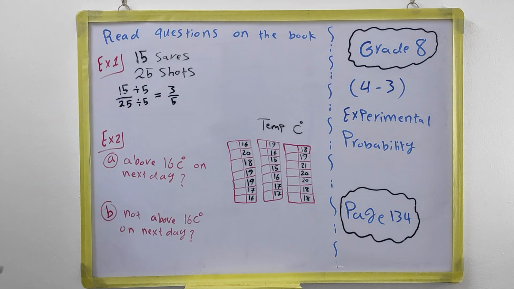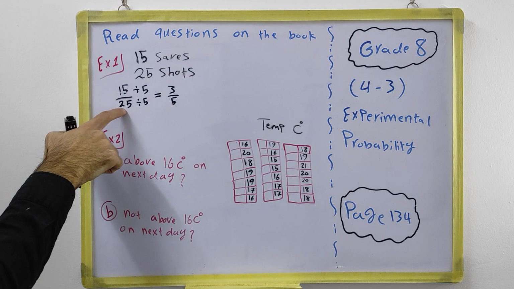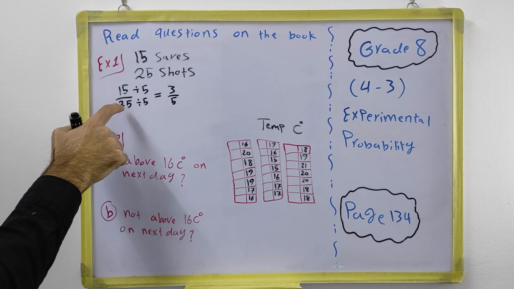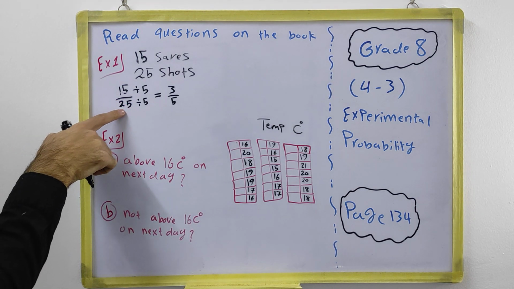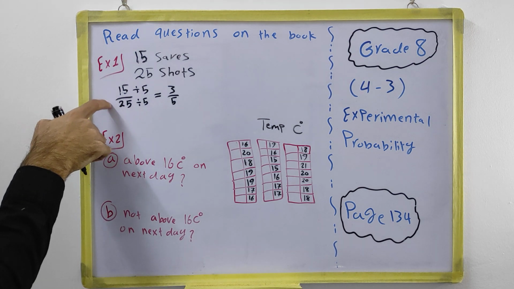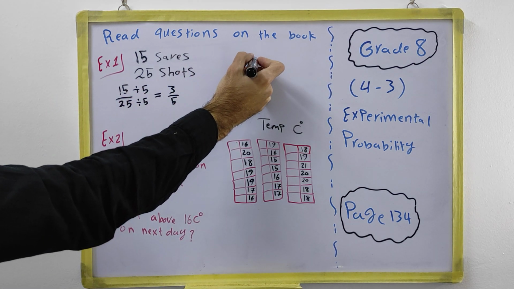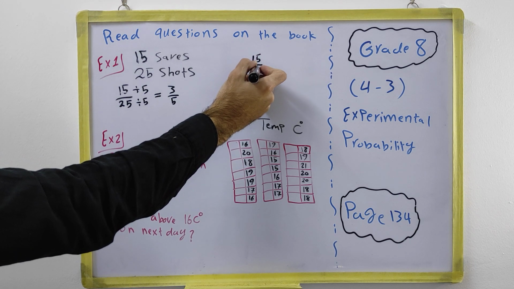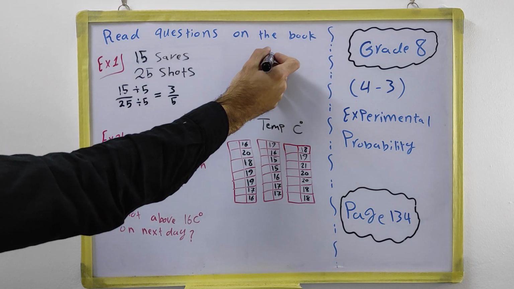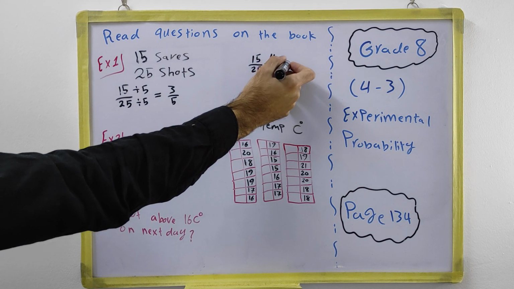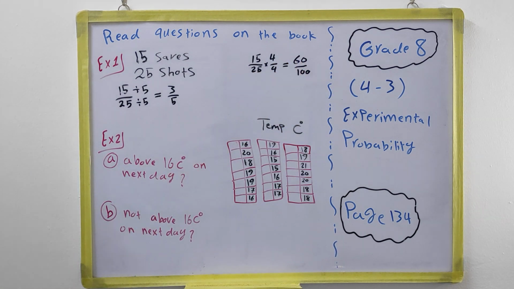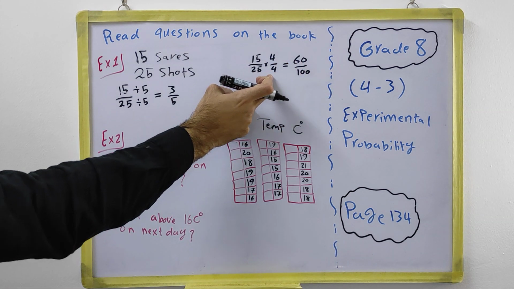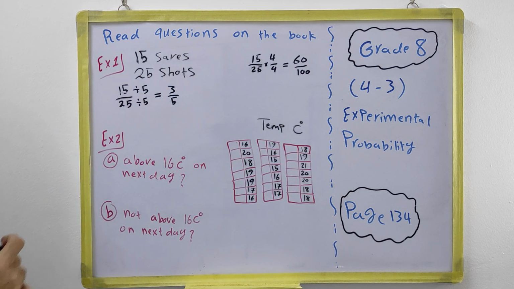Because this is 15 over 25, to make it a percent we have to make the denominator 100. So 25 multiplied by what would be 100? Multiplied by 4. So we multiply this fraction by 4 over 4. 15 over 25 multiplied by 4 over 4 is 60 over 100. Always, to get the percent we need to make the denominator 100.